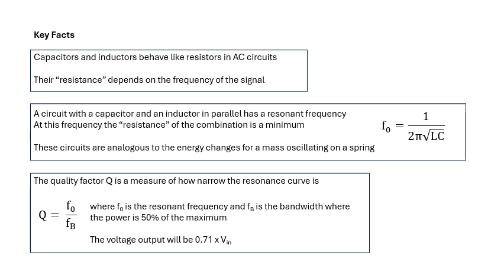The quality factor Q is a measure of how narrow the resonance curve is, and Q is F0 over FB, where F0 is the resonant frequency, FB is the bandwidth, which is the difference in frequencies when the power is 50% of the maximum, and so that's when the voltage output is 0.71 times the maximum.